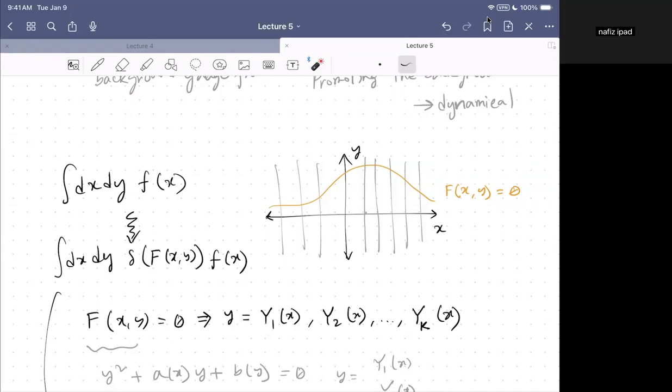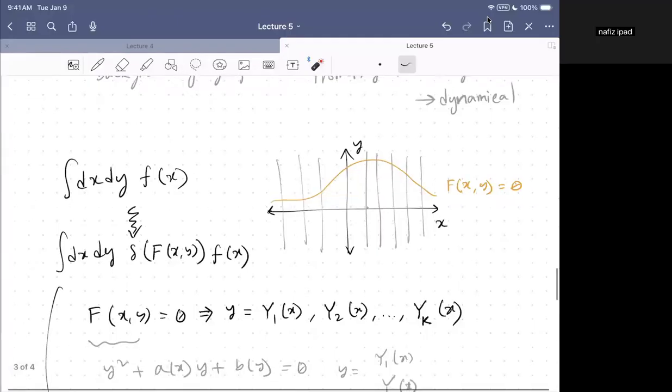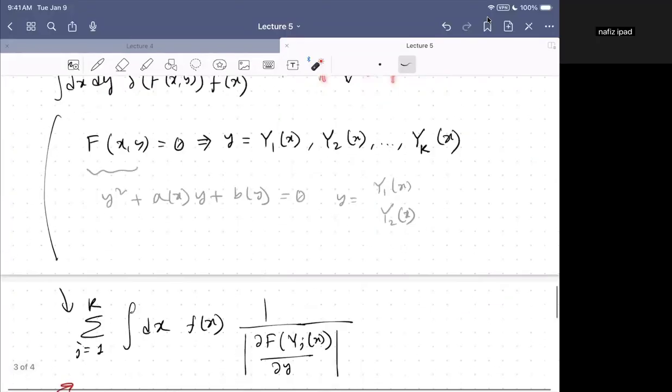But the modification to this integration that we're trying to do at the end of the day should not depend on our choice of this line. Maybe you get this line for some choice of f, and you get this line for a different choice of f. They should still give you the same integration if our principle is correct, that every point on this line should be treated as completely equivalent, and similarly on any vertical line.